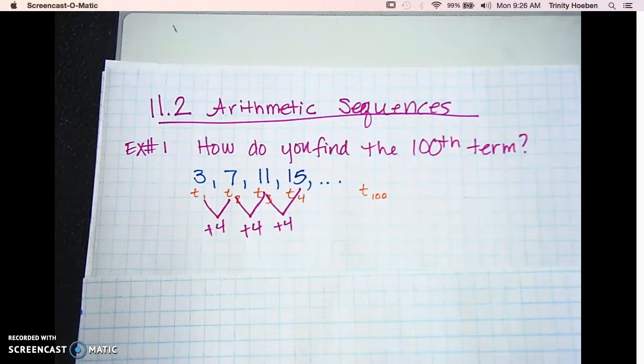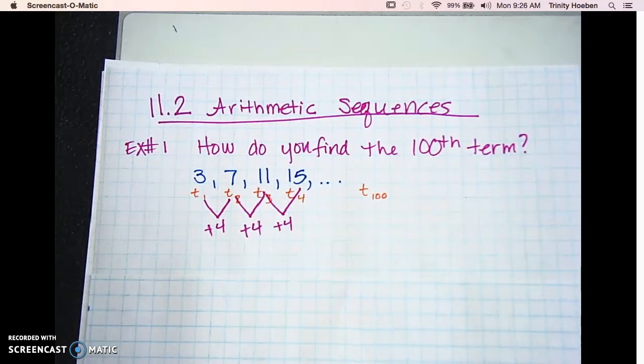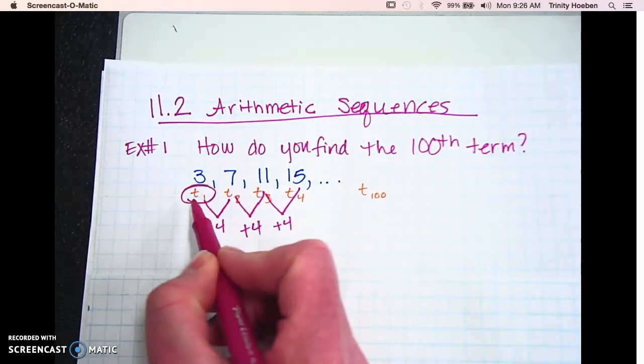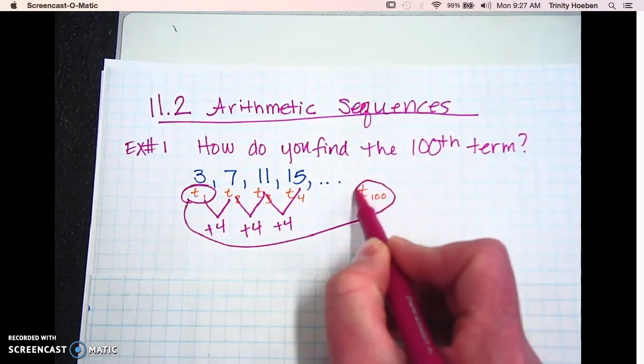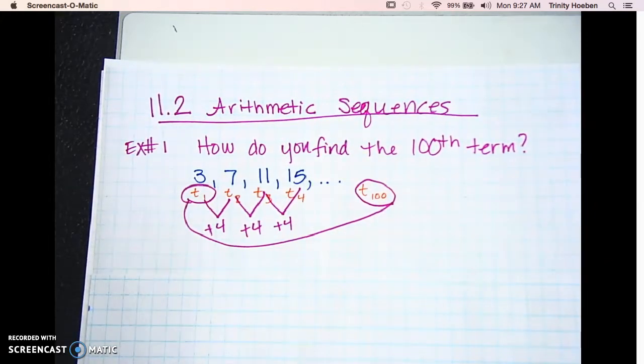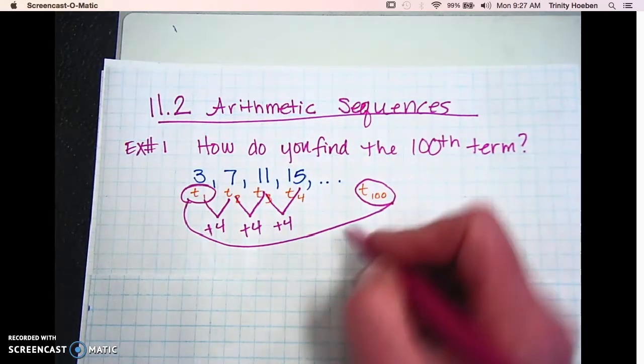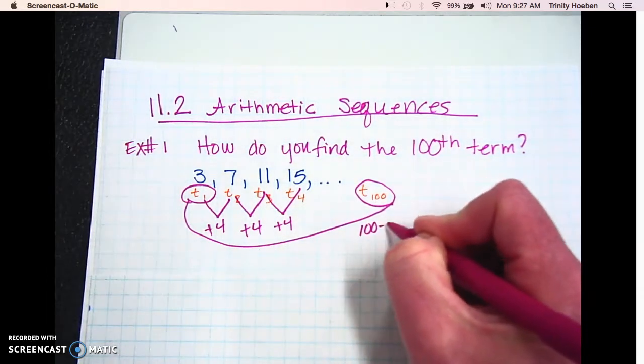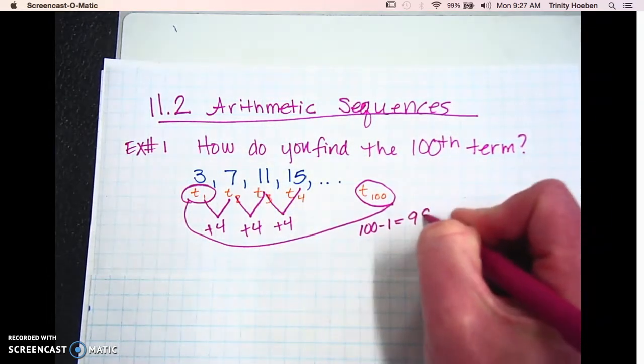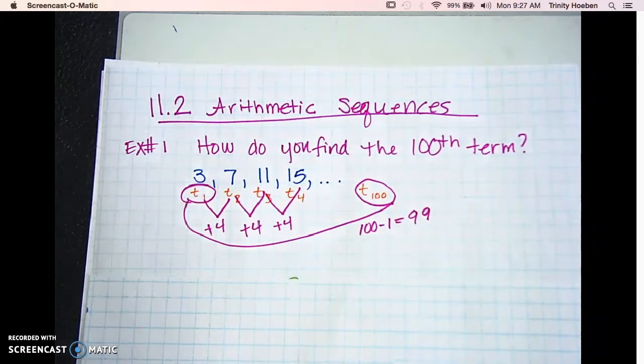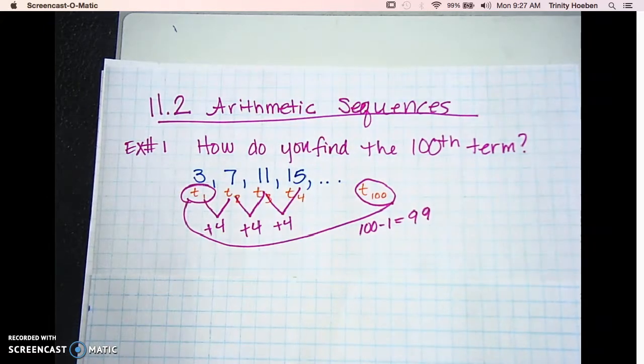Okay? Then what we need to do is figure out, between term 1 and term 100, how many terms occur? Not exactly 100. You want to go 100 minus 1. You've got 99 terms. And each time we're going up by 4.